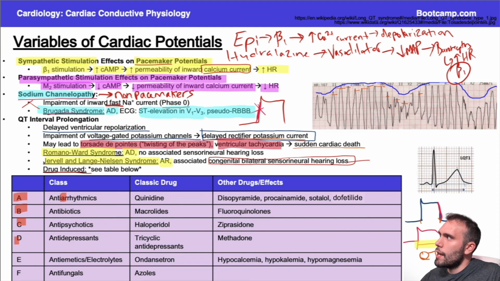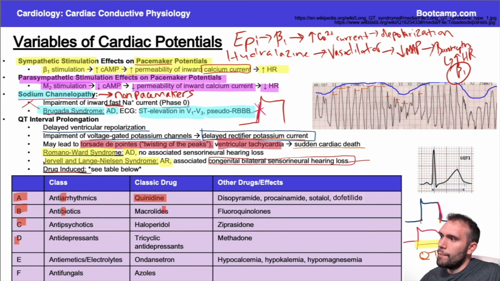I put this one on here because if you're in a rush and can't remember all of these, it makes it easier to go through and think of one classic one associated with this. So antiarrhythmics, in general, the class 1A antiarrhythmics and some of the class 3s cause this, but the big one is quinidine. And I put some of the other ones on here for your review.